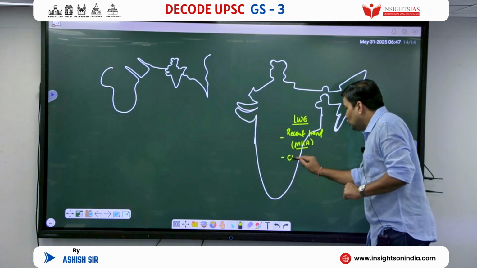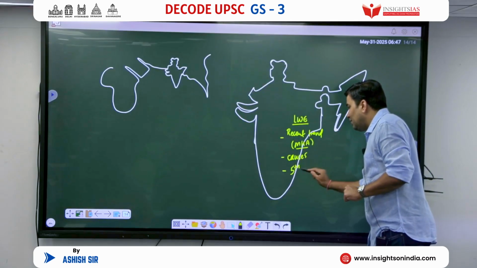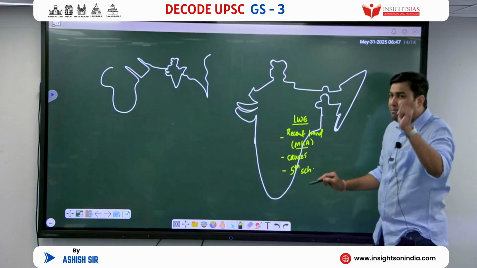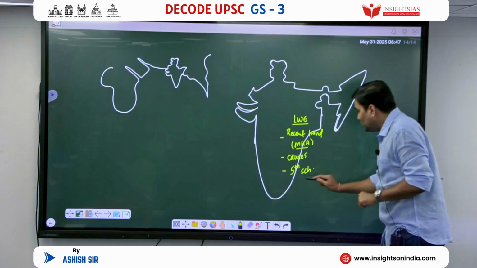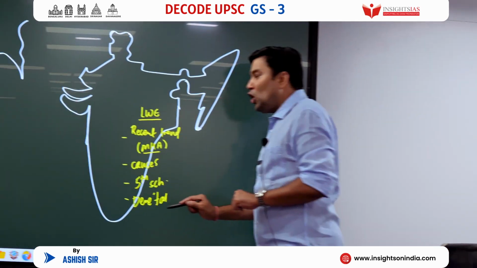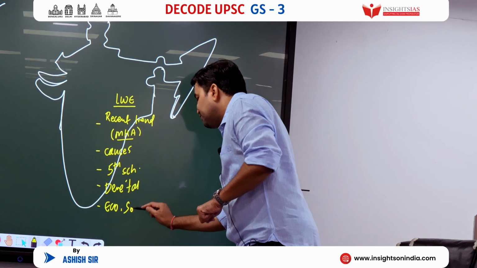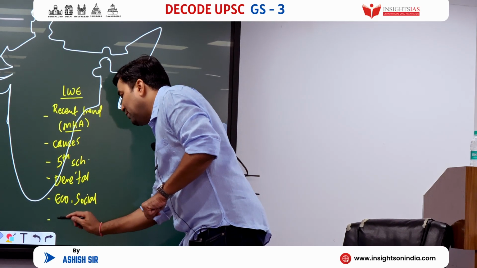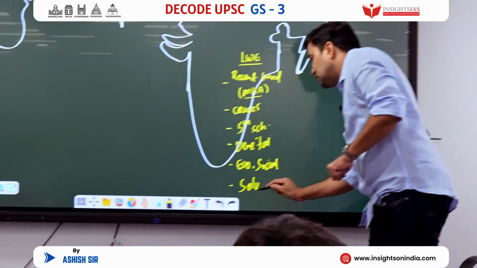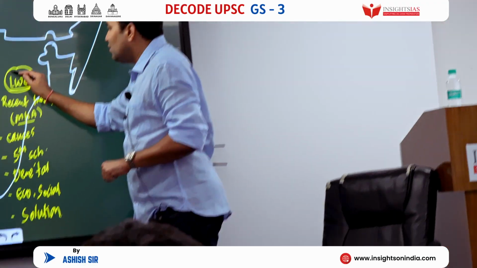Second, you should know the causes, especially with respect to the 5th Schedule of India, correct? Why is the 5th Schedule not implemented properly? You should also know about the developmental issues, economic and social issues. And in this context, what is the multi-pronged strategy or solution of the Government of India to tackle this menace of left-wing extremism? Getting the point?